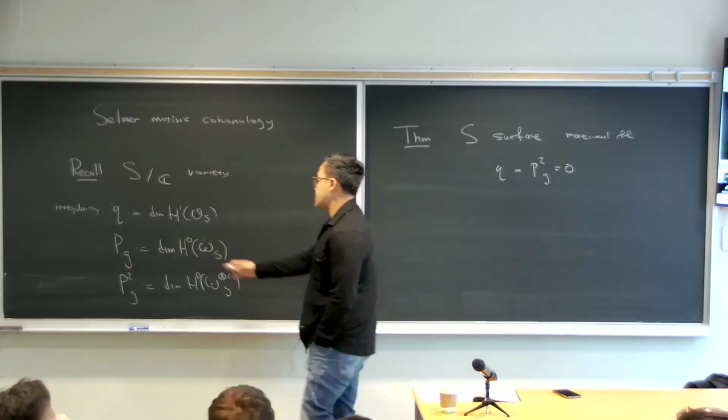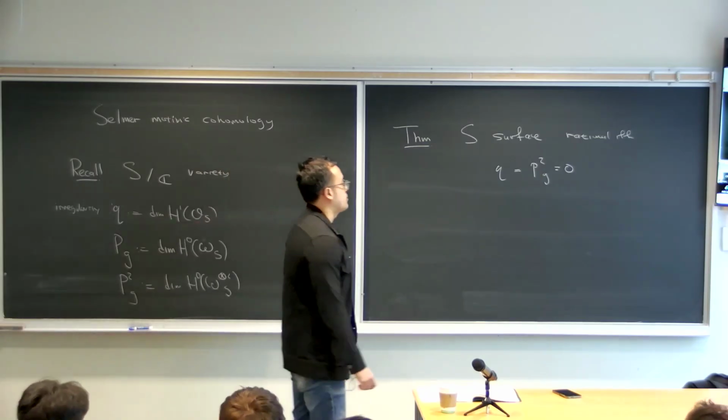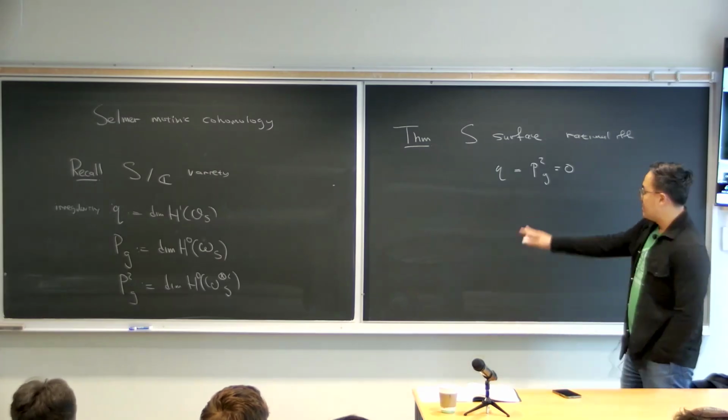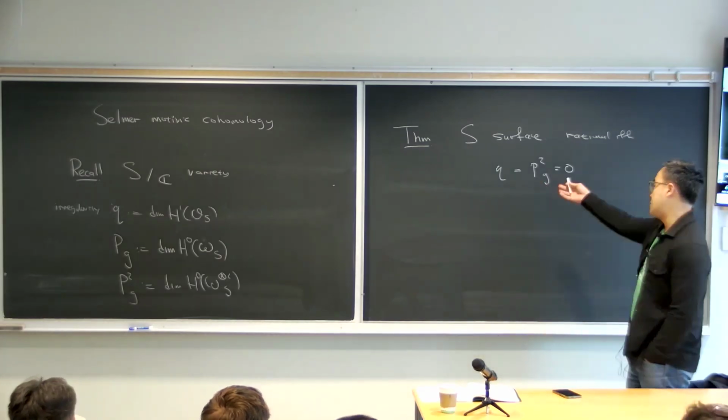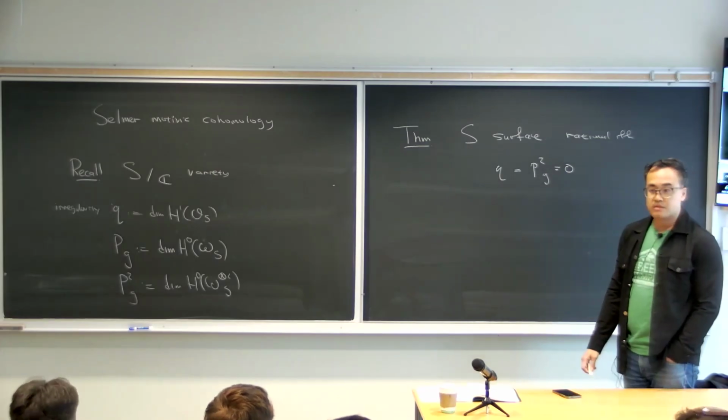So you can ask, what happens if you drop one of these conditions? What are examples of surfaces which are not rational where you drop one of these zeroness conditions?